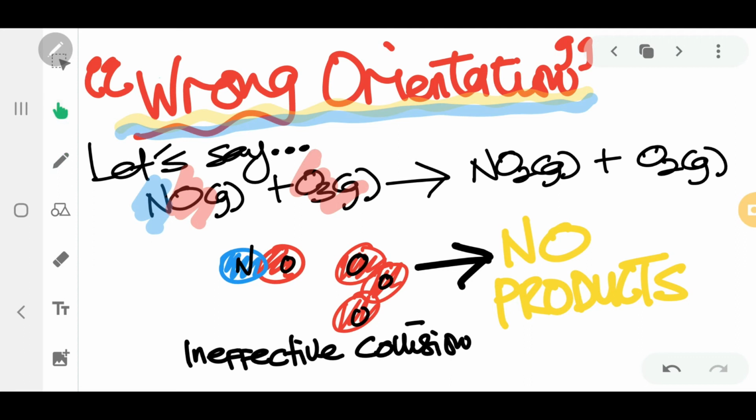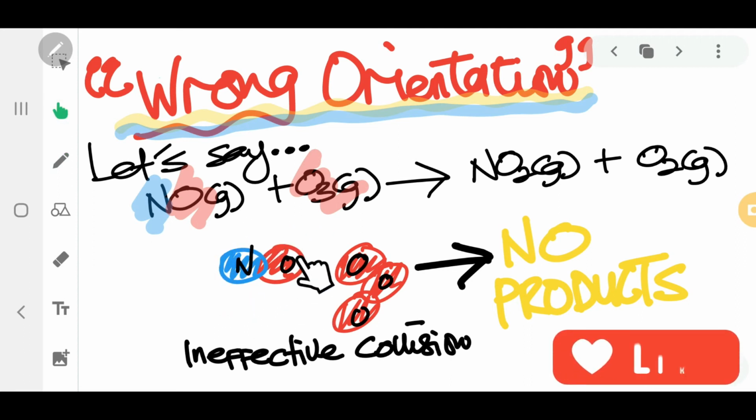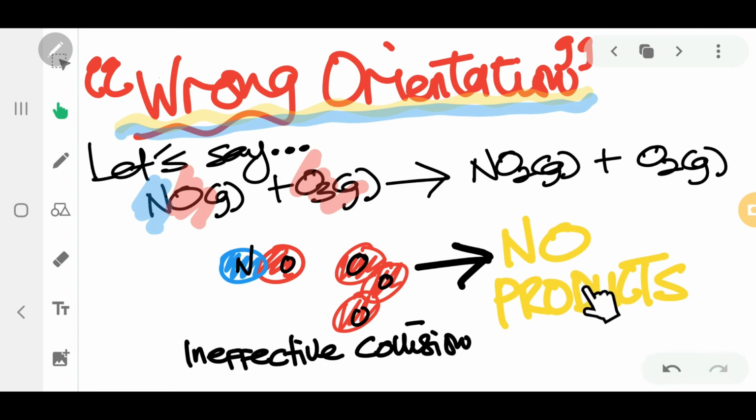If the oxygen end of your NO is the one colliding with the O3, you will not get any products. You will not have any reaction, because this is what we call an ineffective collision. A collision that is not effective.